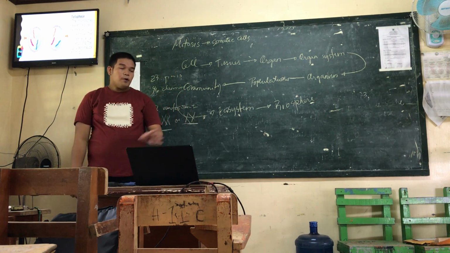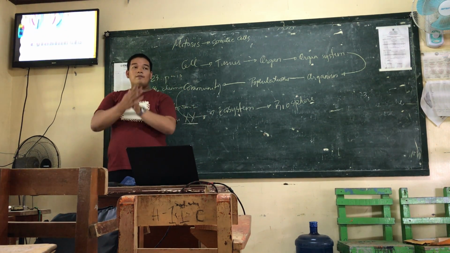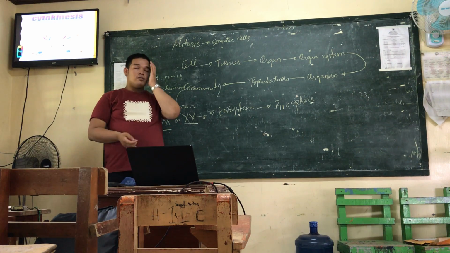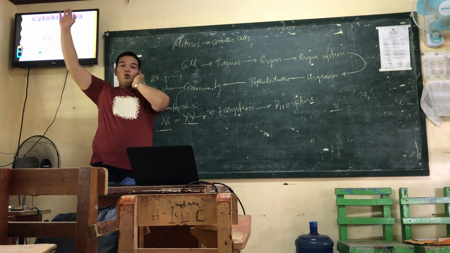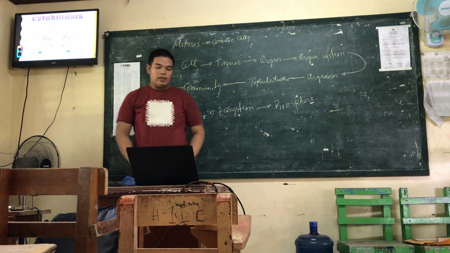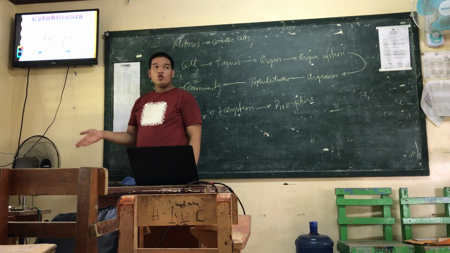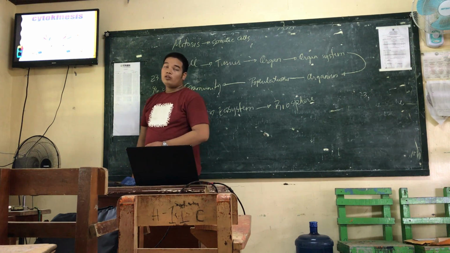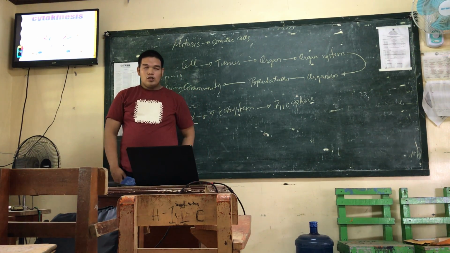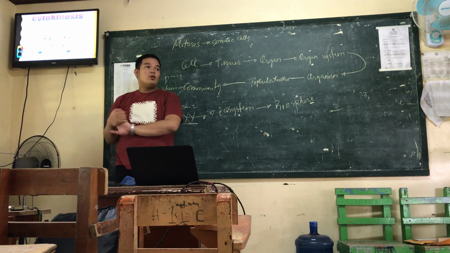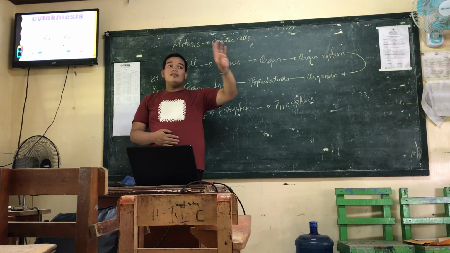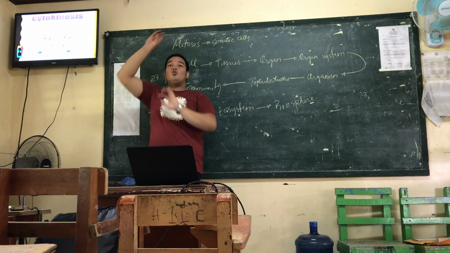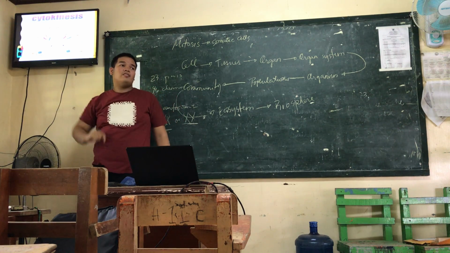Now, the fourth process is the final process of mitosis, which is the cytokinesis. Cytokinesis is the division of the cytoplasm of the parent cell into two daughter cells. At the end of mitosis, coming from one cell, we have divided it into two by the process of cytokinesis.